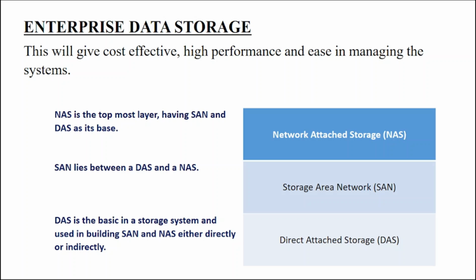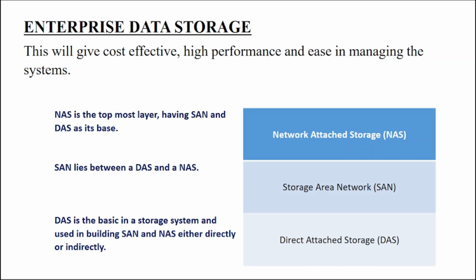Using this, we can implement SAN, that is storage area network, and we can create network attached storage. Direct attached storage are your flash drives, your hard disks, your different kinds of SATA, and all the types of physical storage devices that are connected to each other.